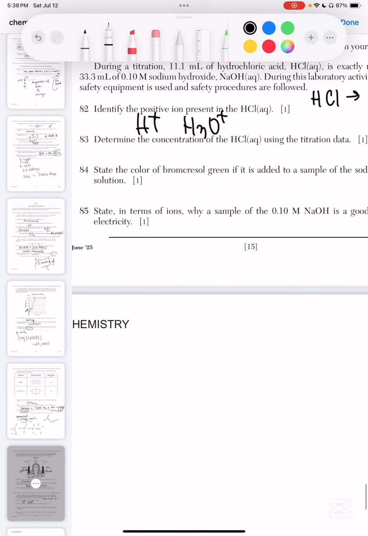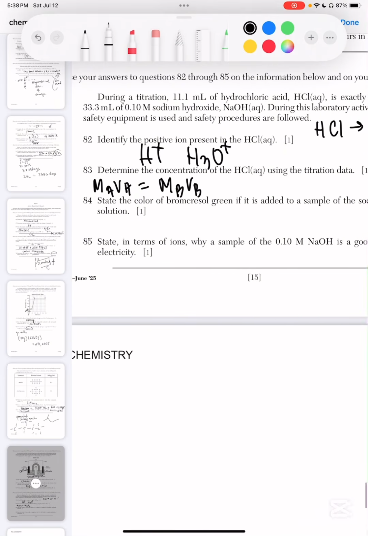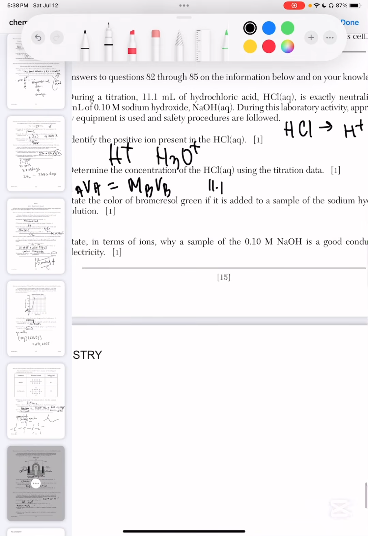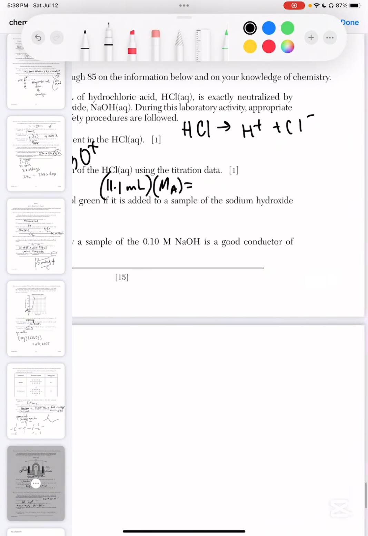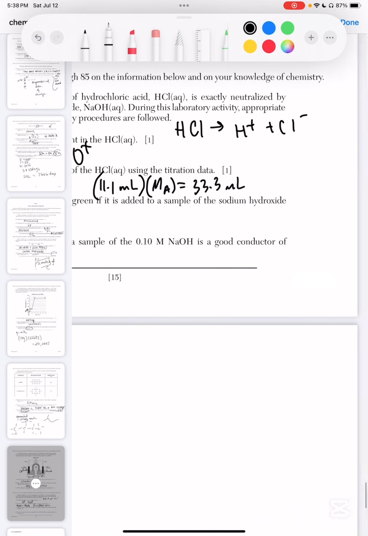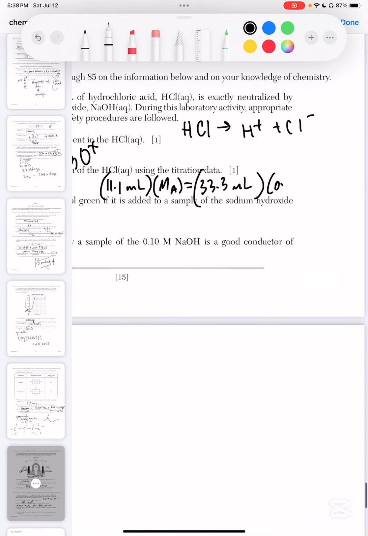Determine the concentration of HCl using titration data. So, MAVA = MBVB.